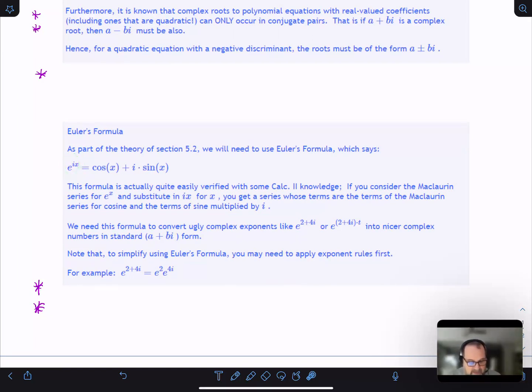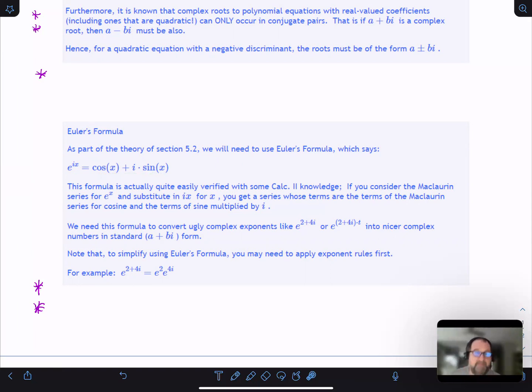So what Euler's formula does for us is turn an awkward expression with a complex exponent into an expression with a real part plus i times the imaginary part. This is your classic form of a plus bi complex number. So that is what we want here. We will need to do this as part of our explanation.